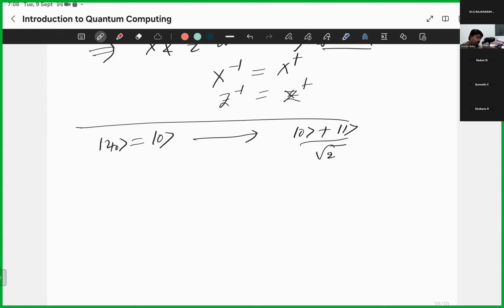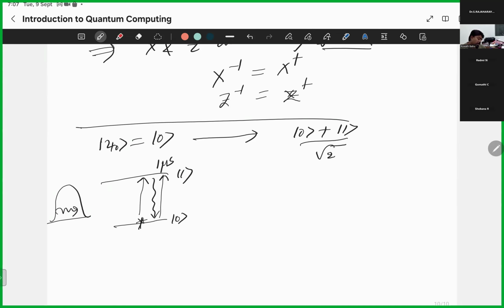But in a quantum system, let's say there is an electron in the ground state. You send a pulse of photons, and one pulse will have so many photons. One photon puts the electron in the excited state. It stays there for 1 microsecond. By the time it comes down, there is one more photon of this pulse that puts the electron back in the excited state again.